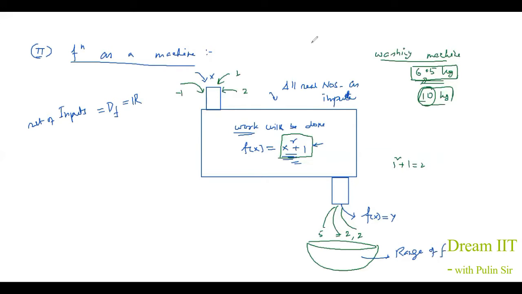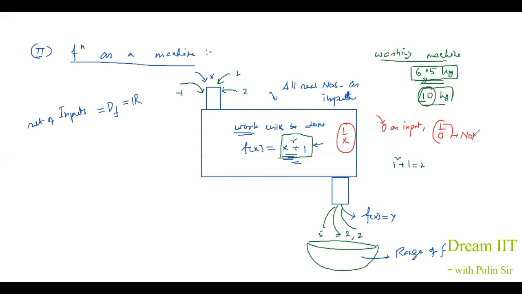Suppose this machine's activity has been changed, and it is programmed to deliver you 1 by x when you give the input. Now try to rethink. If your rule is to deliver 1 by x, what number should not be given as an input? Yes, exactly, you have found it: that should be 0. Because once you give 0 as input, the machine will try to produce 1 by 0, and this is not defined.